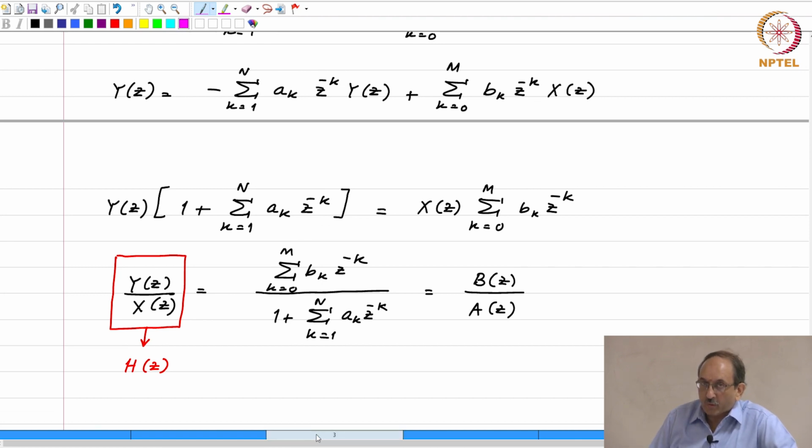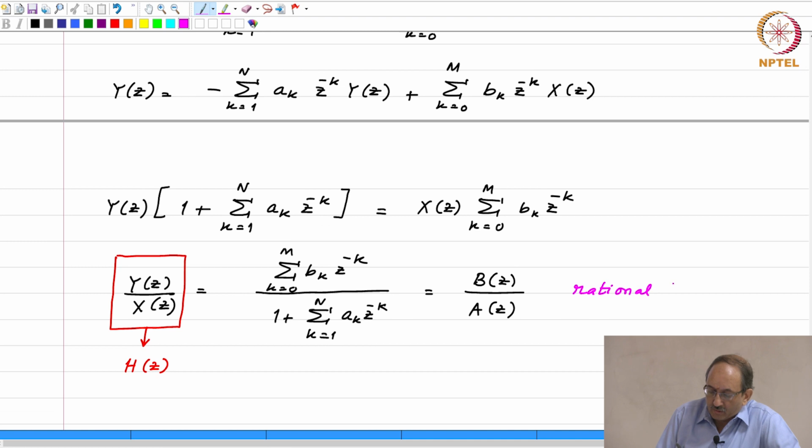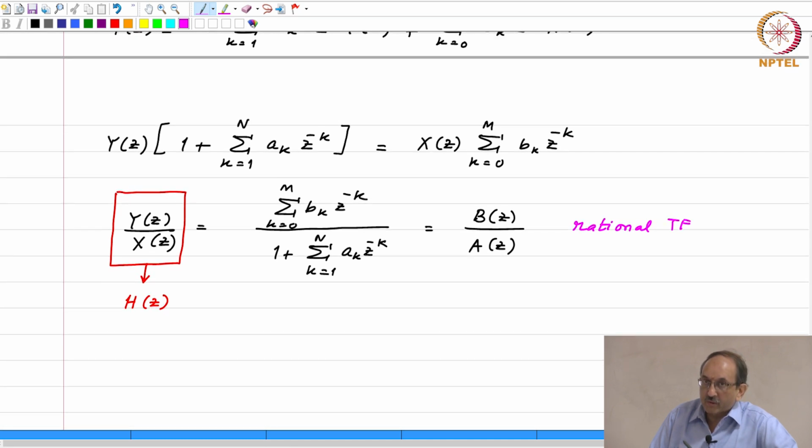And the important consequence of this is now a rational transfer function. So, systems described by linear constant coefficient difference equations give rise to transfer functions that are rational, and you can actually work these steps backwards.